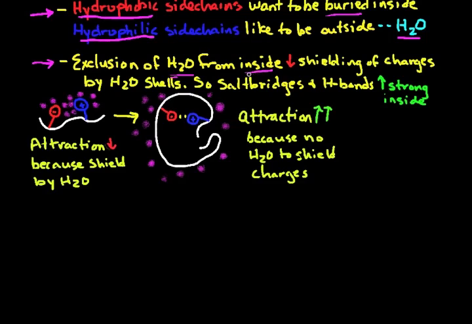If it's there to help make the structure form correctly, or if it's there to be catalytically active, which is usually the case if you've got a water on the inside of a protein, folded in there, it's usually a catalytic water. Otherwise, you're not going to have water on the interior of a protein at all.